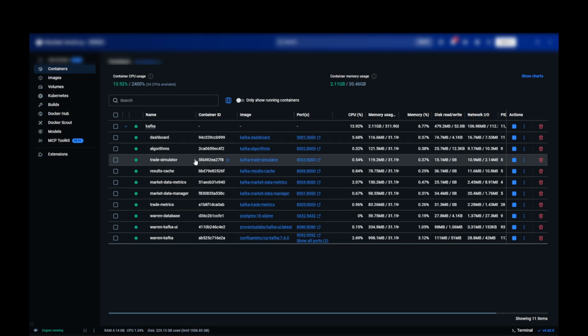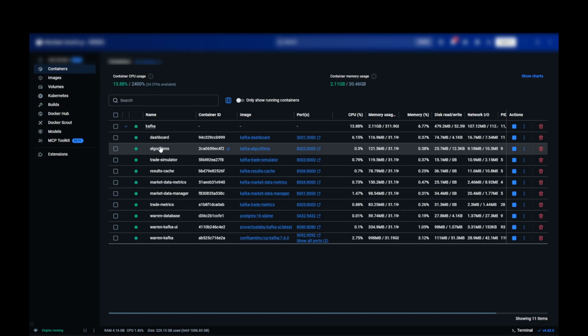And then after that, the algorithm service subscribes to the market data manager as well, runs through, and produces potential trades that it gives to the trade simulator. So the algorithm service gives its opinion on what the trade should be to the trade simulator, and the trade simulator actually runs the trades. The trade metrics service grabs metrics on the trades that were run through the trade simulator.